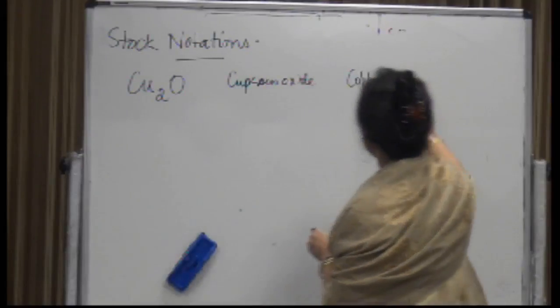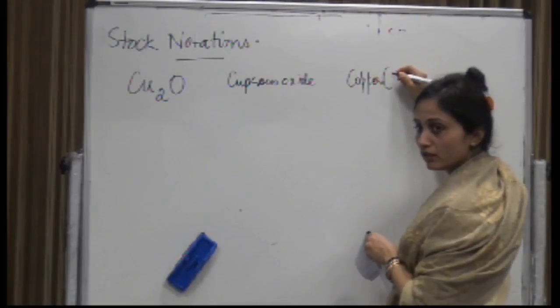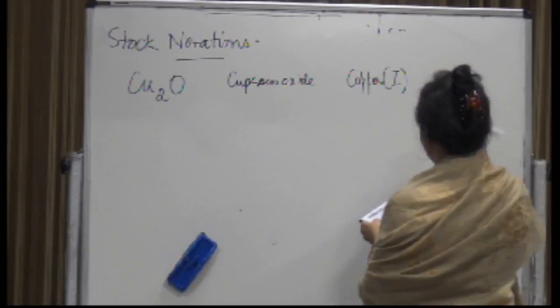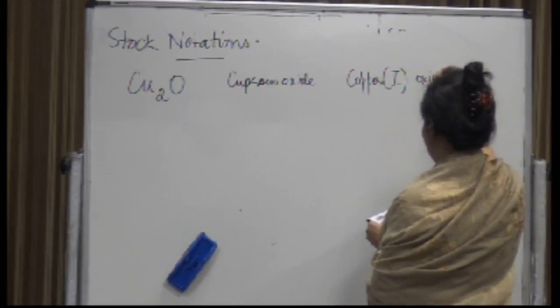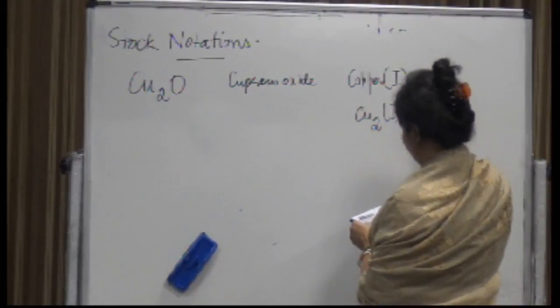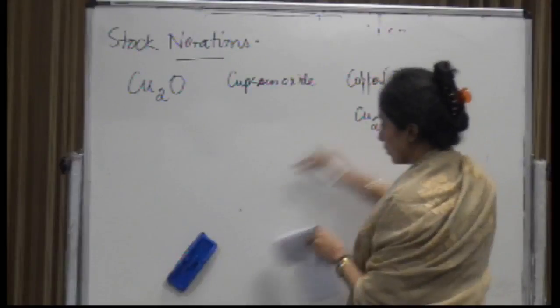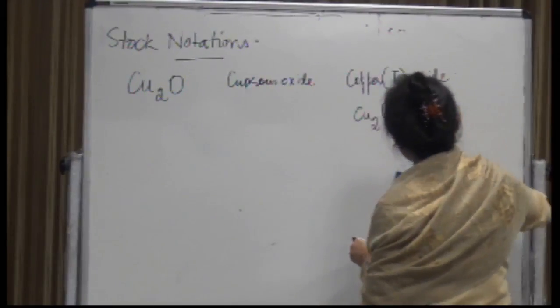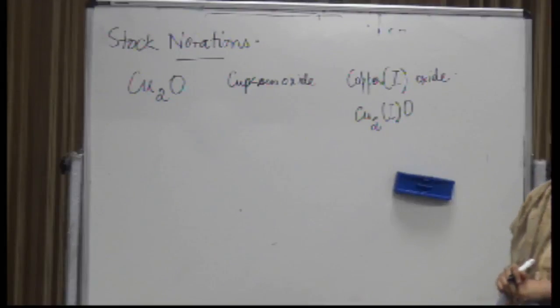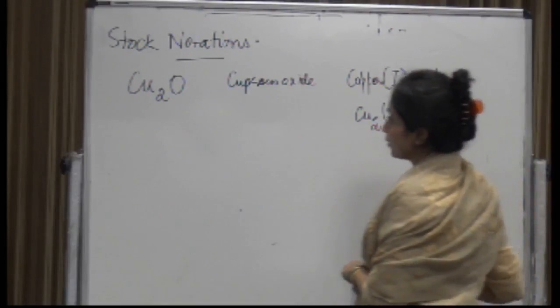So it will be copper. What is the oxidation number? Plus 1. So copper(I) oxide, or you write it as Cu2(I)O. There's no space between the bracket and the O.